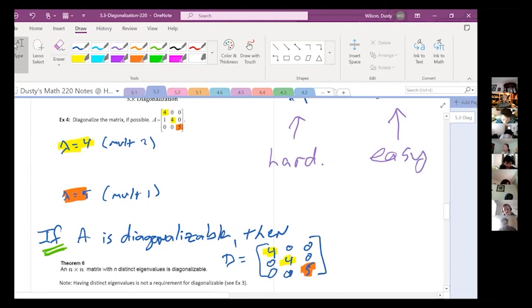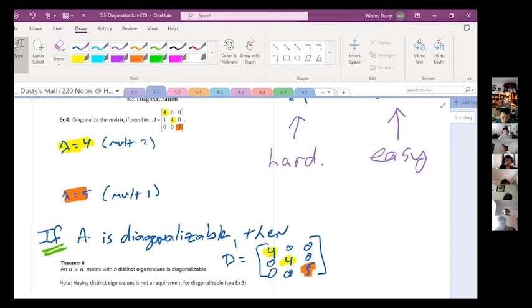So flip back a page in your notes. What must be true in order for A to be diagonalizable? It's got to be similar to D. And what does our theorem tell us? It'll be diagonalizable if you've got linearly independent eigenvectors, and then someone added something important: it's n linearly independent eigenvectors.